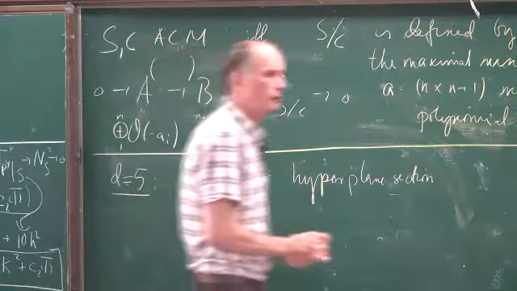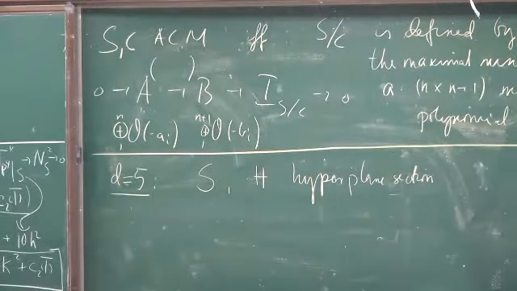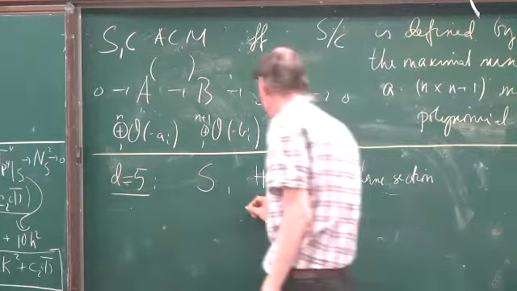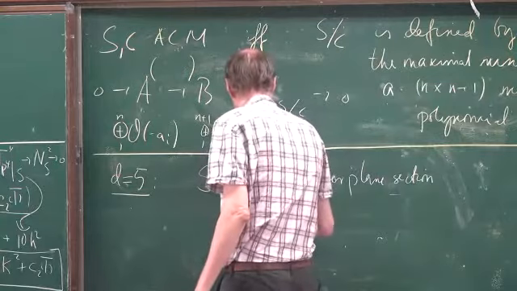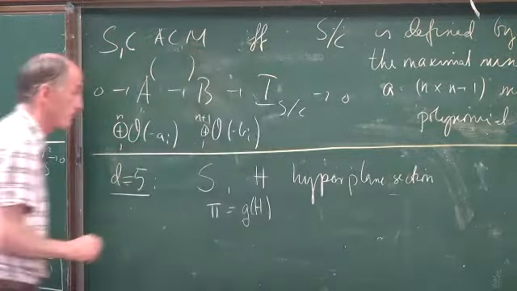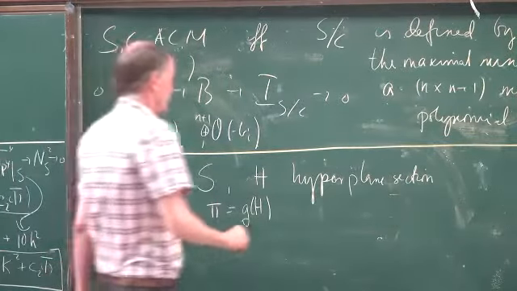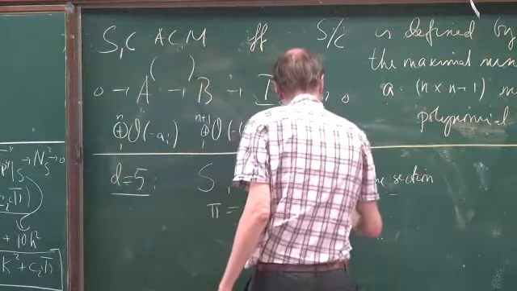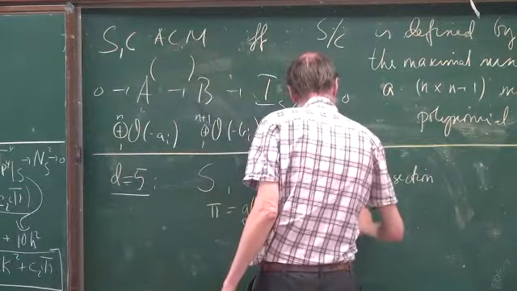What kind of curves in P3 are there of degree 5? The genus, which I used to call just pi, is then either 0, 1, or 2.